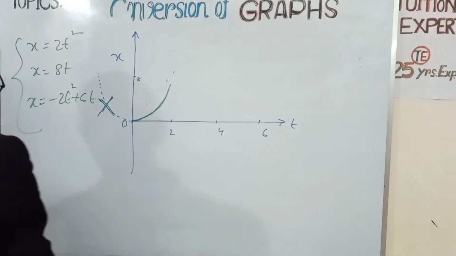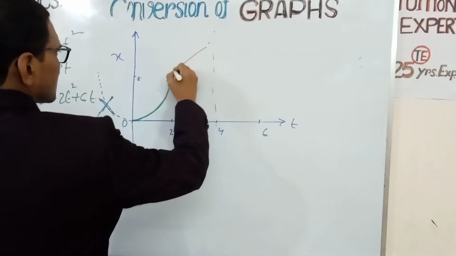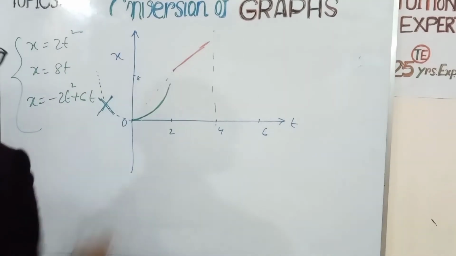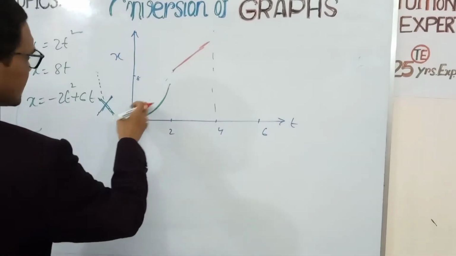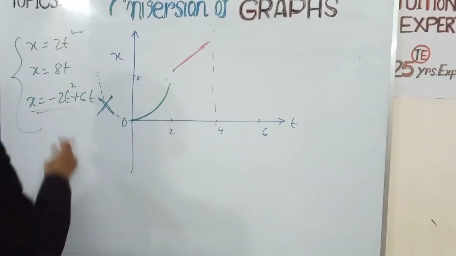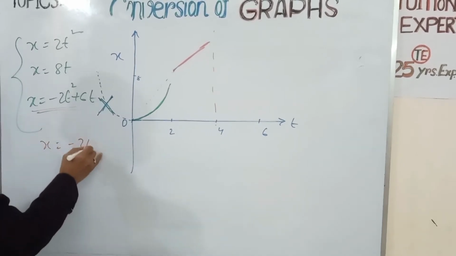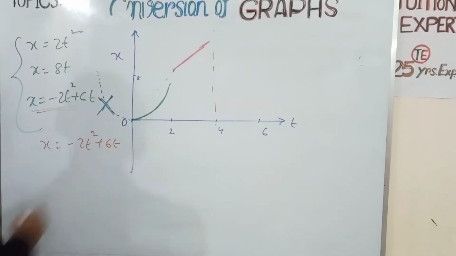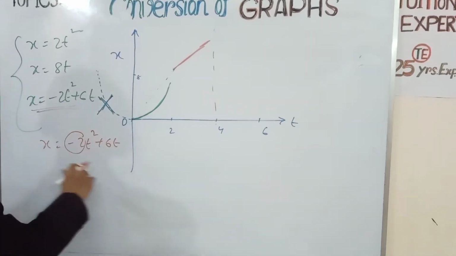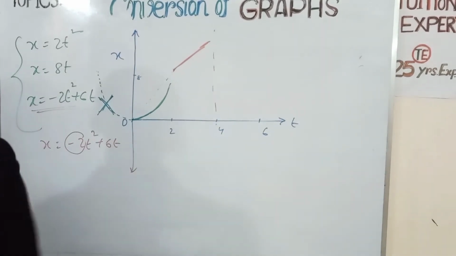The graph will be like this, 2 to 4. So from 2 to 4, the graph becomes a straight line. This is a parabola, this is a straight line, and for 4 to 6, this also is a parabola, but as the coefficient of t square is negative, its opening will be towards the negative x-axis.